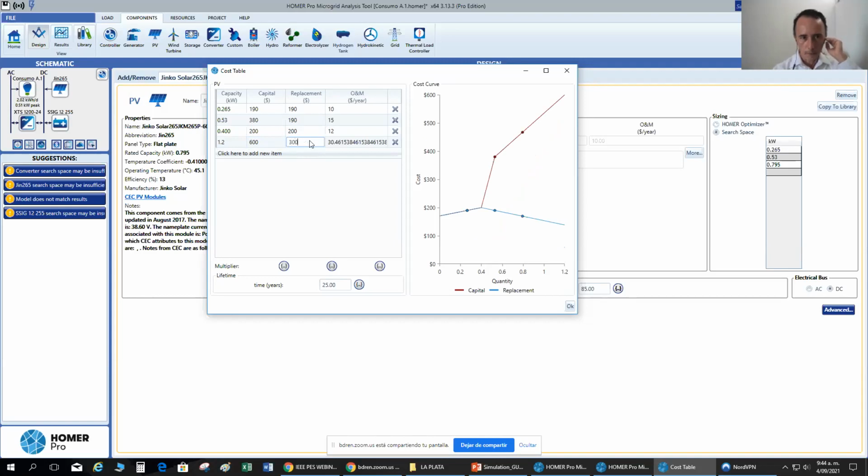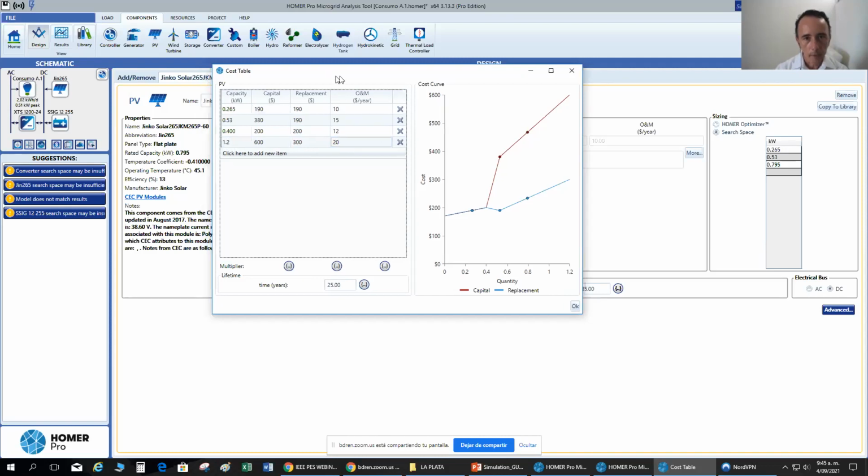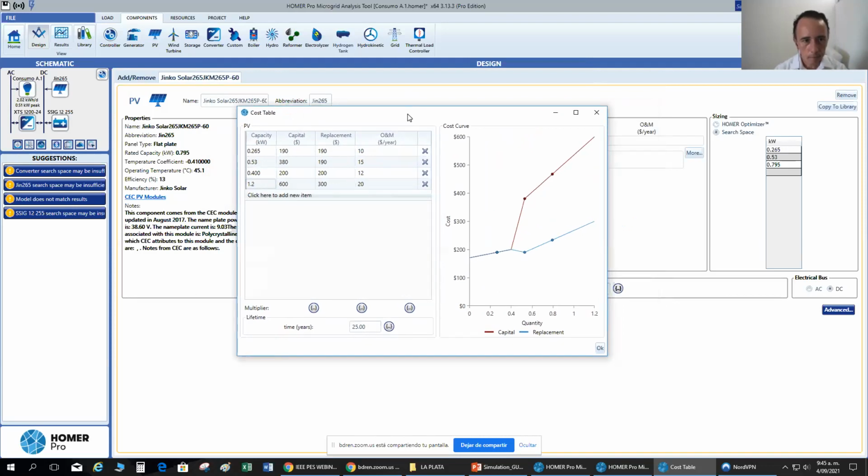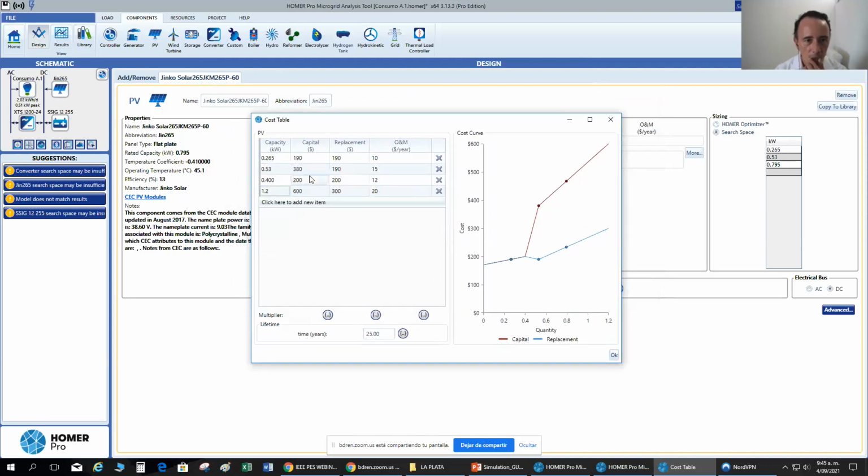Yes, it should be proportional, 23 or something like that. So you need to add more power. For example, I wrote here, I don't know if you are seeing this. These numbers are very small. Yeah, I've zoomed it and I can easily see it. For 1.2 kilowatt, it's $600.